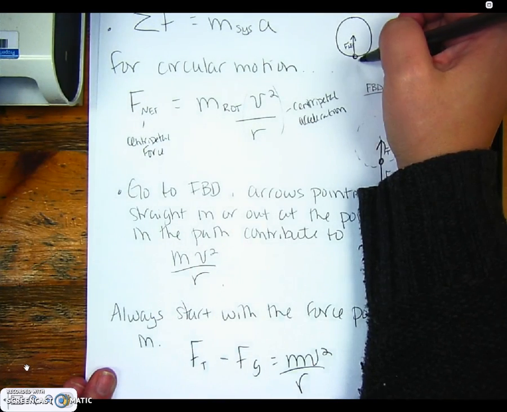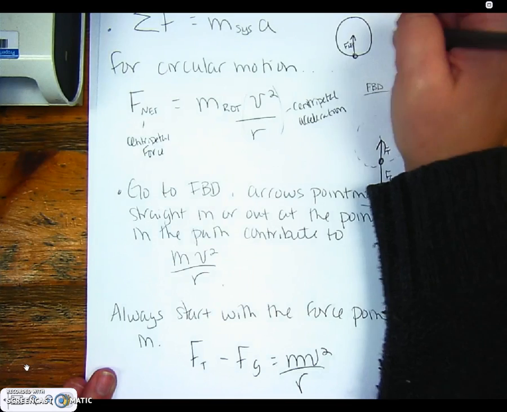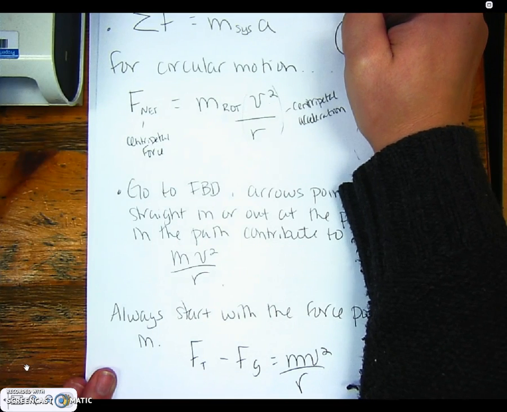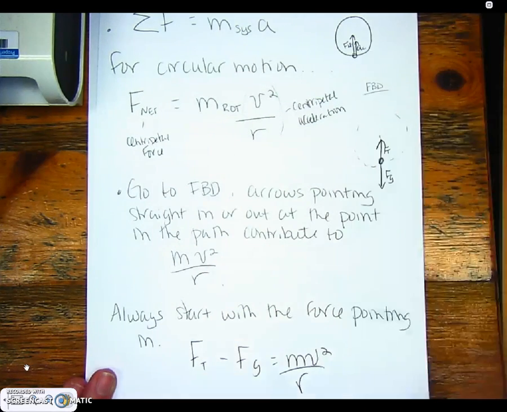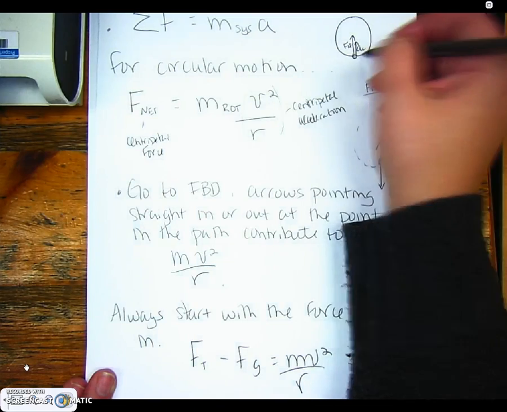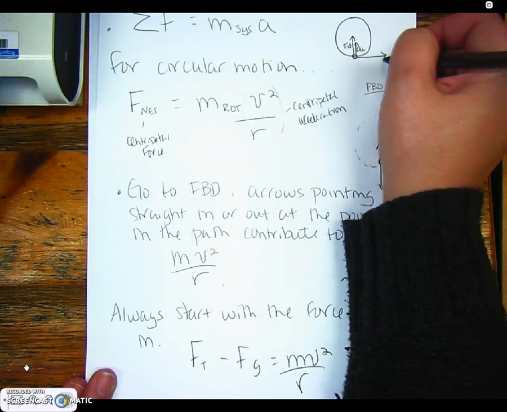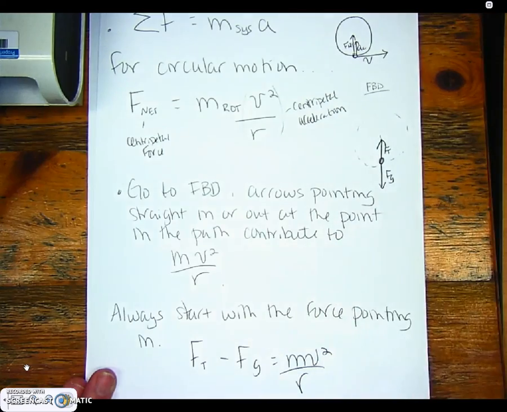So we have net force pointing towards the center, and because forces cause accelerations, the direction of the acceleration would also be towards the center. And remember that when something's moving in uniform circular motion, the velocity is always tangent to the circle at that moment.